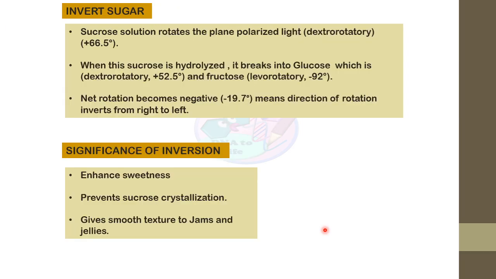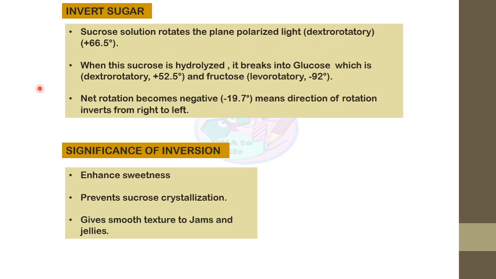Next, one more term you need to know about is inverse sugar. So what is inverse sugar? Normal sucrose solution rotates the plane polarized light in the right direction, meaning it is dextrorotatory, with plus 66.5 degrees. When you hydrolyze this sucrose in the presence of mild acid or enzyme, it breaks into glucose and fructose.